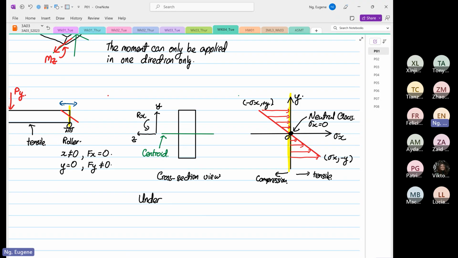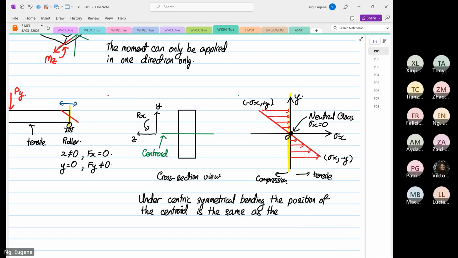symmetrical or under centric symmetrical bending, the position of the centroid is the same as the neutral axis.